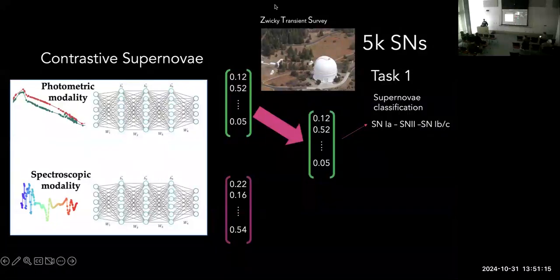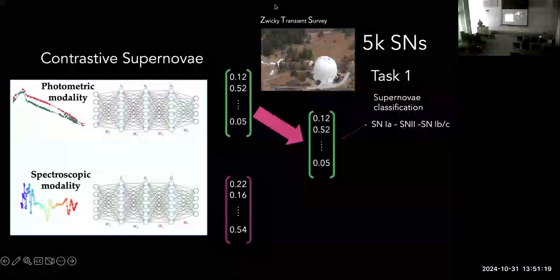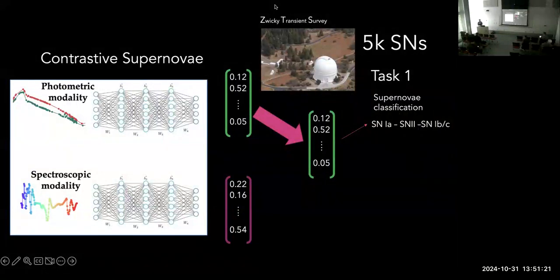Yeah, that would be a cool idea. From the photometric, I could pretend I'm generating a spectroscopic structure and compare that versus the real ones I have. Yeah, that might be an exciting idea.